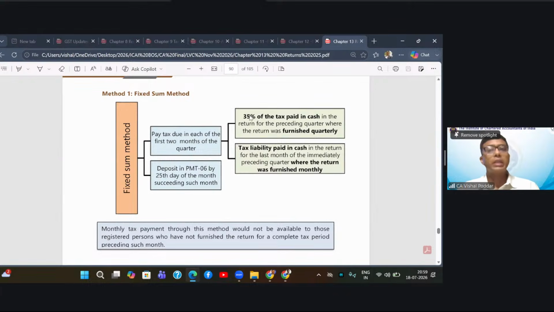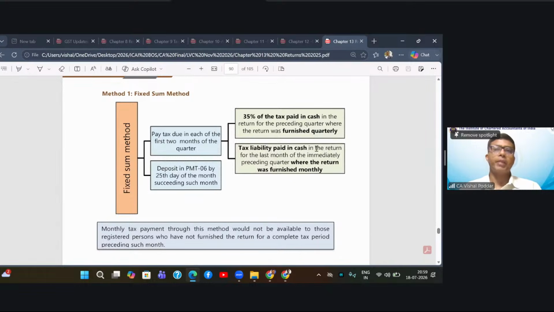How much? 35% of the tax which is paid using the cash ledger in the return of the preceding quarter, where the return was furnished quarterly. So you have to see the last quarter's return, and whatever your tax liability paid using the cash ledger was, take that amount, make 35% of that amount, pay it in the first month, again 35% paid in the second month.